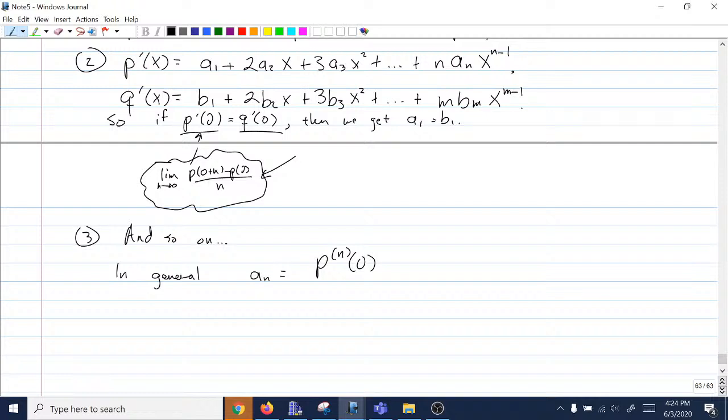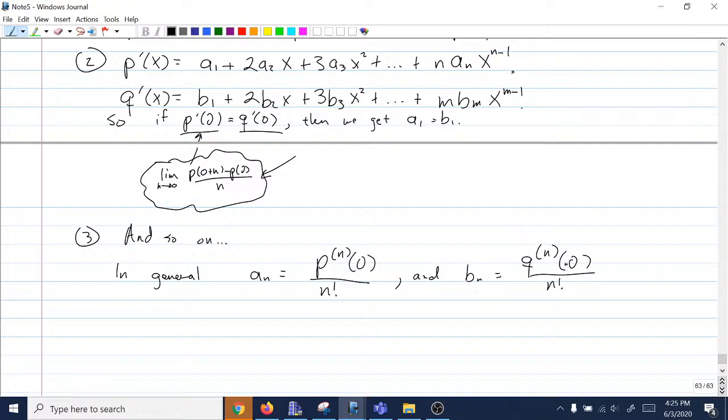You have to divide by n factorial. If I took another derivative, I'm not going to get a2, I'm going to get 2a2, and I have to divide by that. The next derivative will give me 6a3. You want to divide by that. And bn is the nth derivative of q at 0, divided by n factorial.